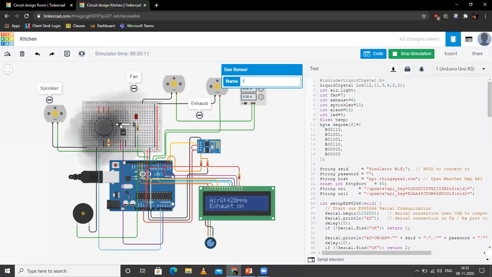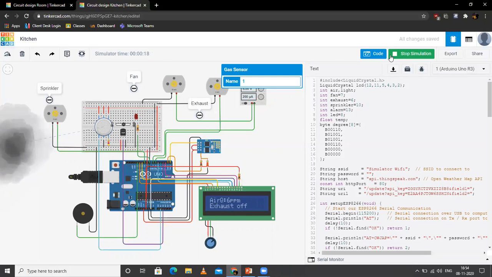If we increase the temperature, we can see that it is now around 49 to 50 degrees Celsius. So the fan will be on, and so will the exhaust.